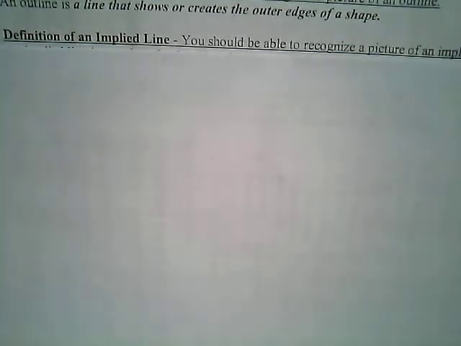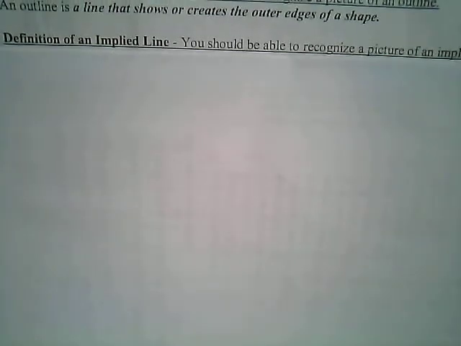Okay. So the next thing is a definition of an implied line. Does anybody know what an implied line is? This one is not very common. I don't expect you guys to have heard of this one because it's rare. But do you know what implied means? Saying something without saying it, like the person implied something but they didn't say it. Yes. So it's like you can understand what the person was trying to say even though they didn't say it straight out, right?